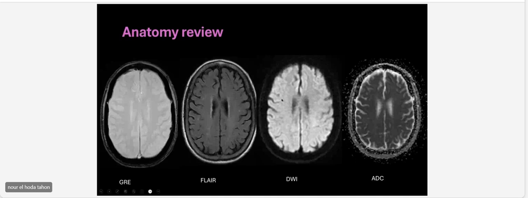So diffusion-weighted imaging depends on the water molecules. As you said, water is the most famous molecule in our body. And when this movement of the water is very hard and restricted, it starts to give us a signal on diffusion.